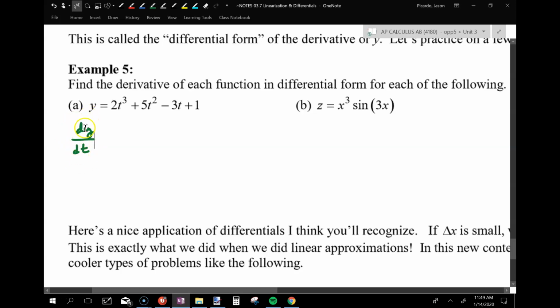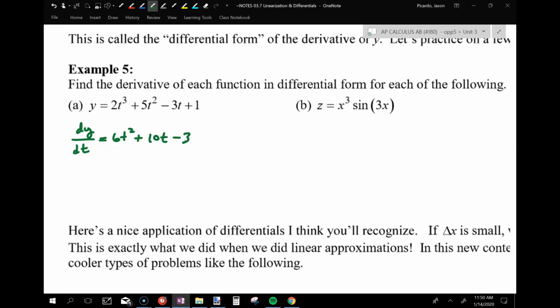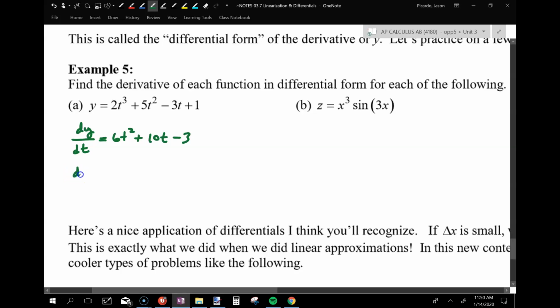Isn't it the same as how y changes in response to the way that t changes? Because isn't that what a derivative does? Analyzes change, right? Well, here's what I do. If I was to take the derivative of this for dy dt, what would I get? Well, I would get 6t squared plus 10t minus 3. And would you agree that because dy over dt is a fraction, I could rewrite it like this?